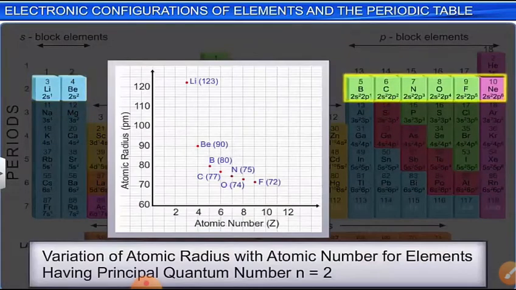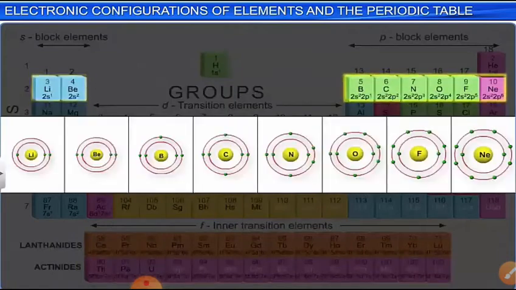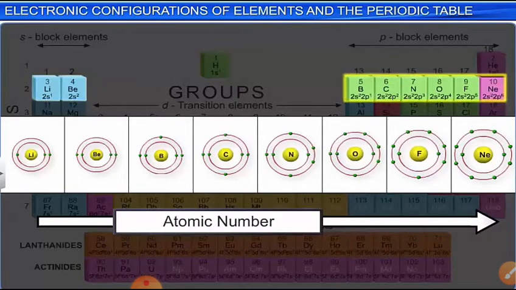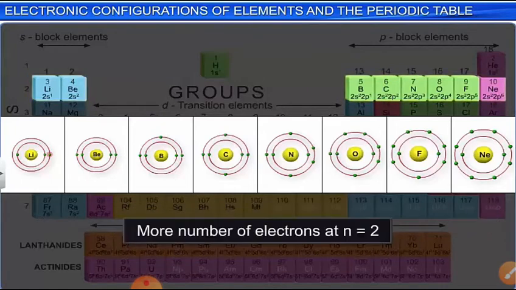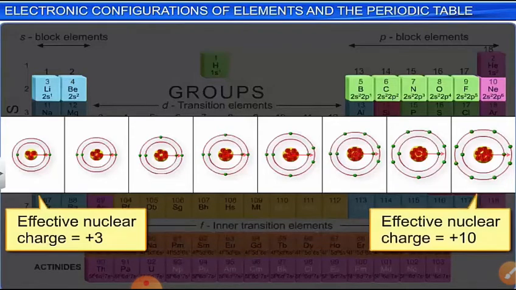If you consider the second period, we shall discuss the variation of atomic size. Now the variation of atomic size in a period, that is from left to right: the atomic number increases by 1 unit as we move left to right, and the electrons are added in the same principal quantum number, that is the same shell, n equals 2. The shell is the same, but inside the nucleus a proton is added.